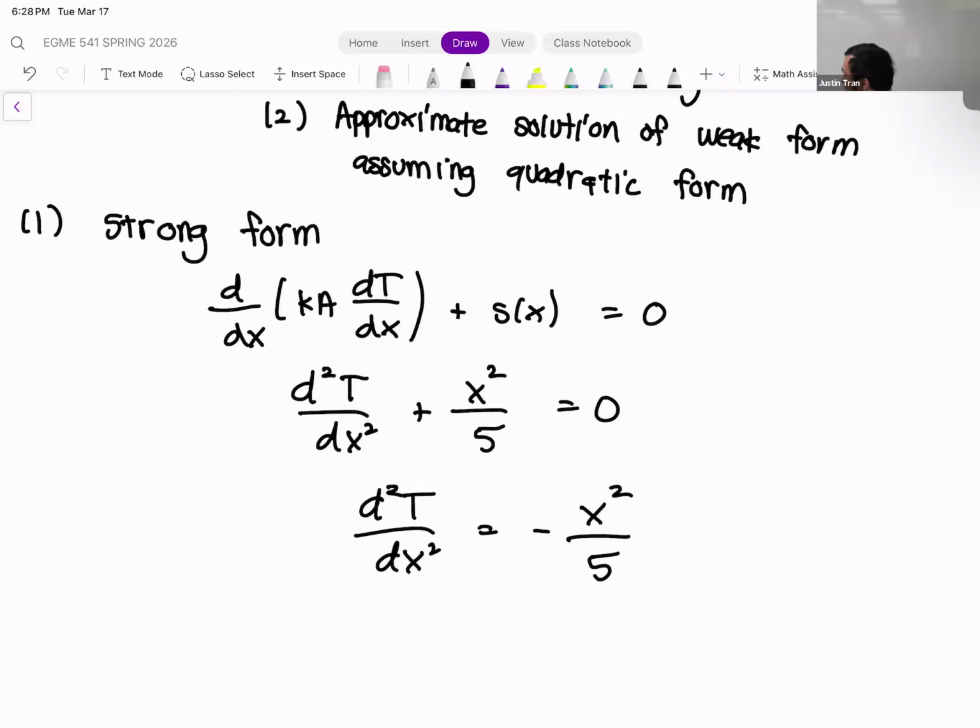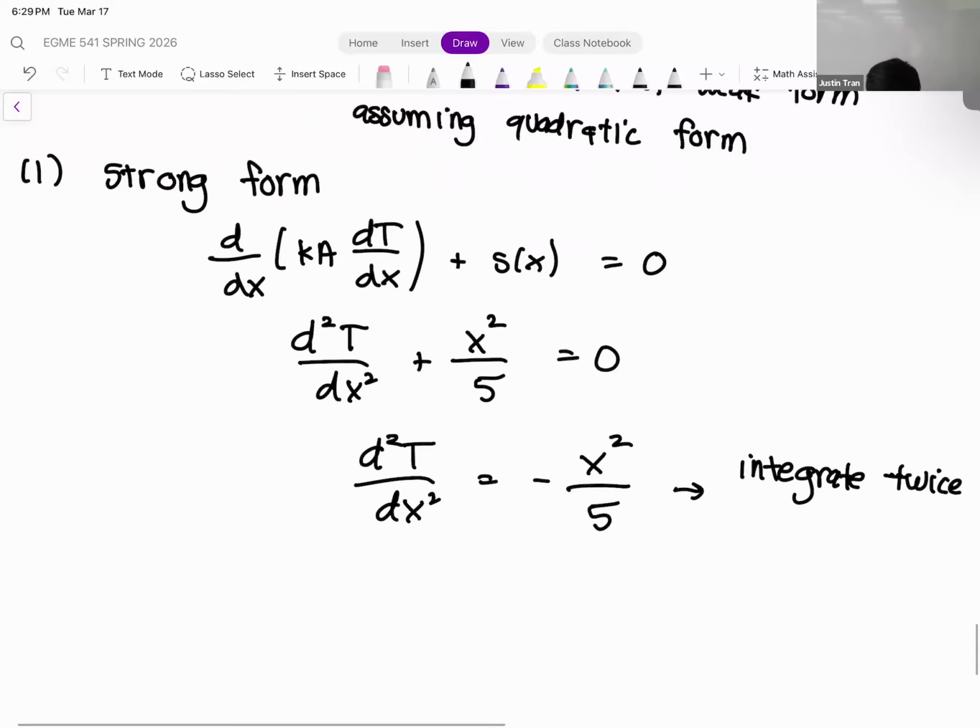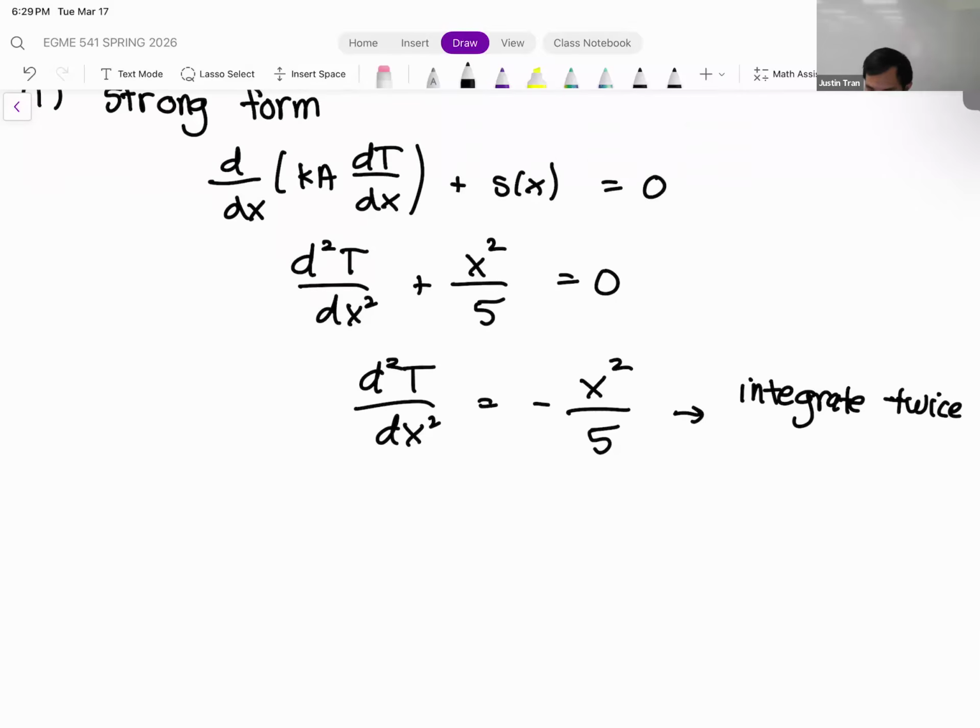All right, so we don't need to do any kind of special tricks here. We can just solve for this solution just by straight up integrating. In fact, we're going to integrate twice. Each time we integrate, we have to add an arbitrary constant.